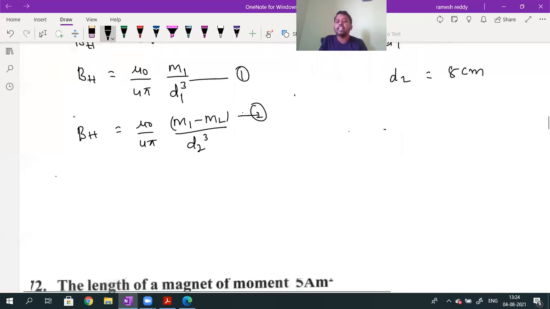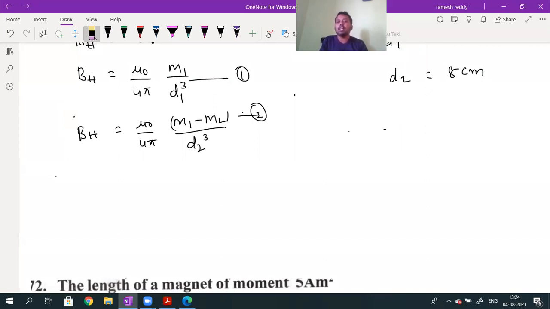So can I divide these both equations? Or already from equation 1 and 2, the left hand side is equal, so I can also equate the right hand side, RHS.